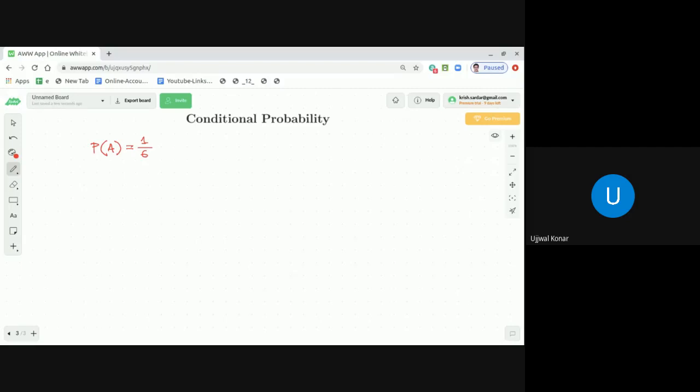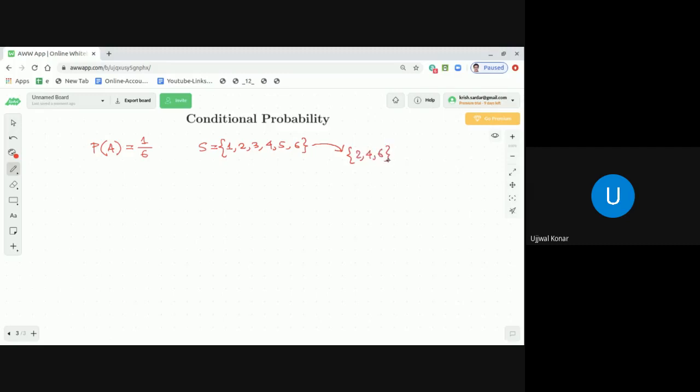Because you already told me that you got an even face. That means my sample space reduces to 2, 4 and 6. What was the original sample space? The original sample space was 1, 2, 3, 4, 5, 6. And from there, it shrinks, dear students, to 2, 4 and 6.